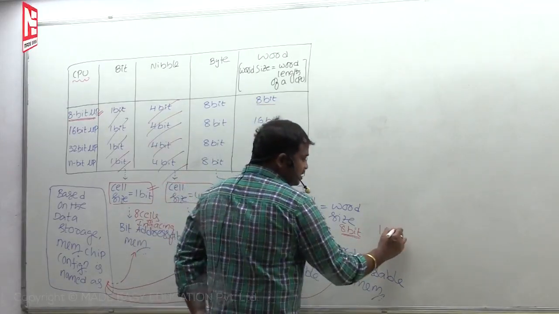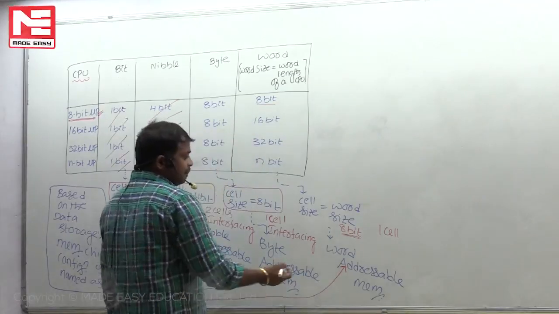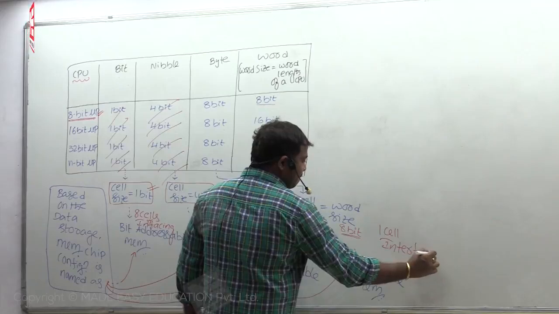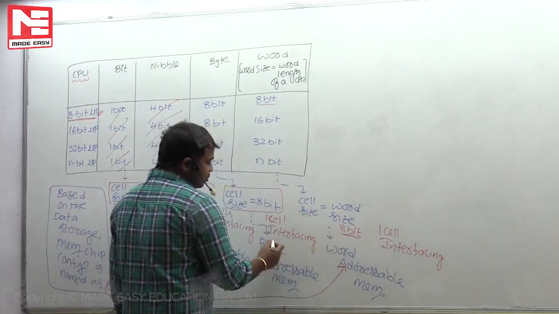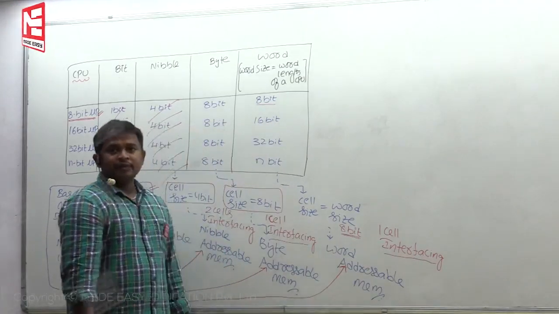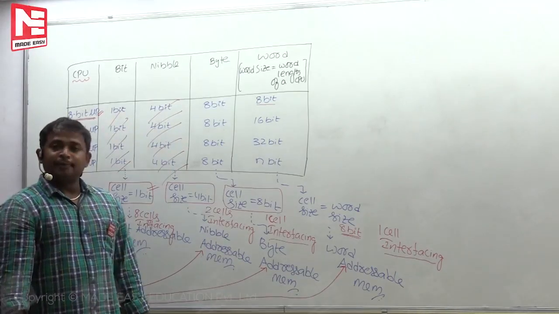Then number of cells interfacing is 1 cell. So when we compare byte addressable memory and word addressable memory, here 1 cell interfacing, here also 1 cell interfacing. Therefore both are giving the same performance with respect to an 8-bit microprocessor.